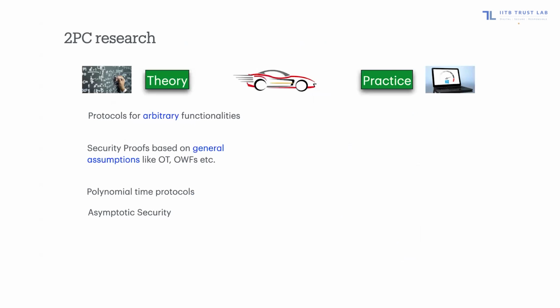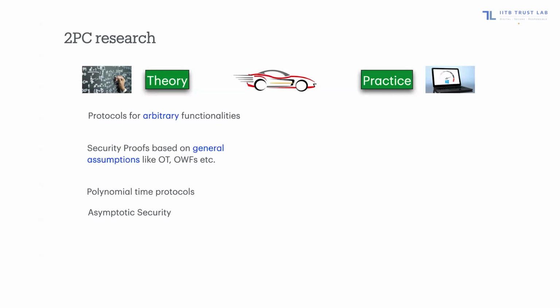The first wave of two-party computation research started with Andrew Yao, and it was theoretical. The main focus was feasibility, asking whether this magical-sounding goal could even be achieved and under what assumptions. The significant contribution of that work was to show secure protocols exist under general assumptions like oblivious transfer and for arbitrary functionalities.